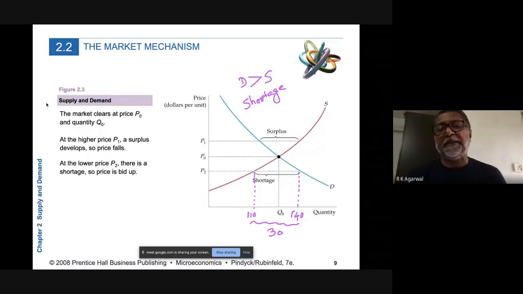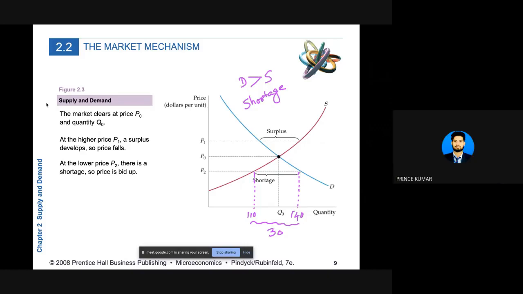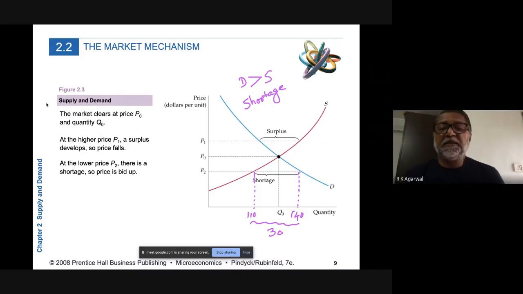When we use the term surplus, it means the supply is in surplus. When we use the term shortage, it means that the supply is in shortage.